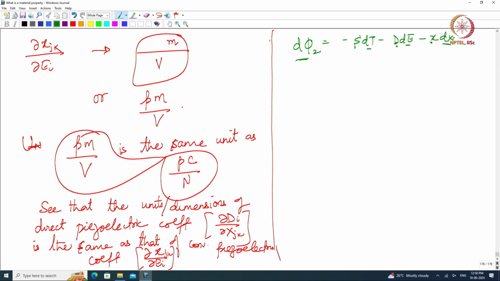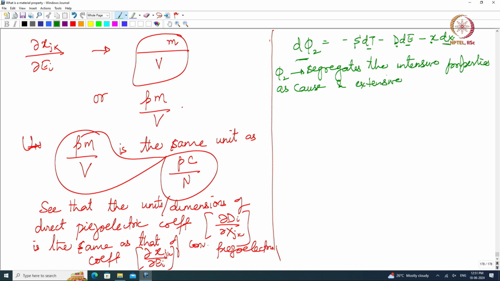Phi 2 segregates the intensive and extensive properties, intensive properties as cause and extensive properties as effect. Okay. So, that is why I keep going back to phi 2, it is a good potential.